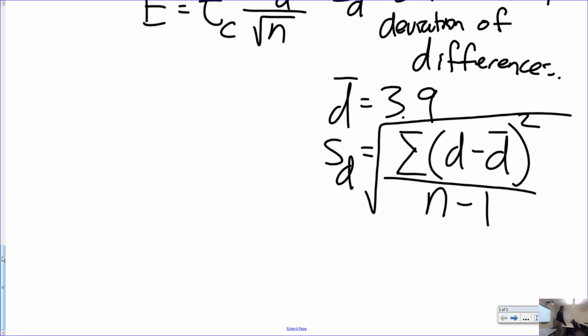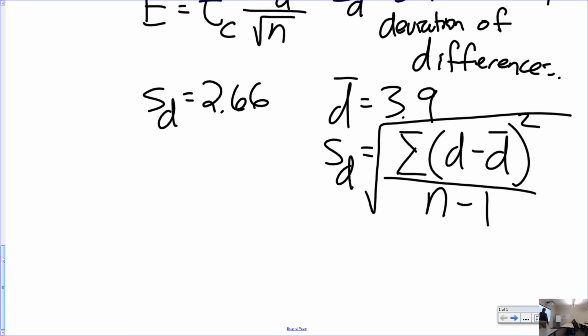I would suspect that at this stage you would go to a software package, plug the numbers in and calculate the standard deviation, or use a calculator to do it. A lot of calculators have the ability to enter in the data. What I calculated for the standard deviation is 2.66.